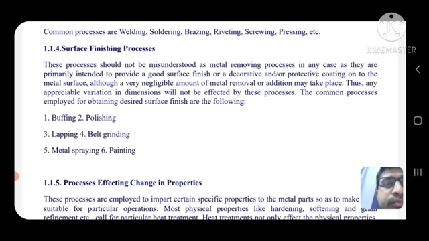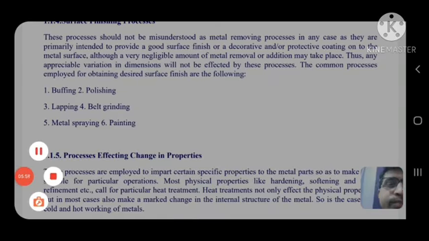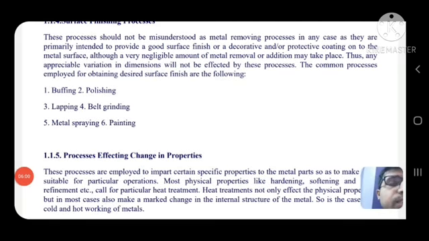Although a very negligible amount of metal removal or addition may take place, any appreciable variation in dimensions will not be affected by these processes. The common processes employed for obtaining the desired surface finish are buffing, polishing, lapping, belt grinding, metal spraying, and painting.